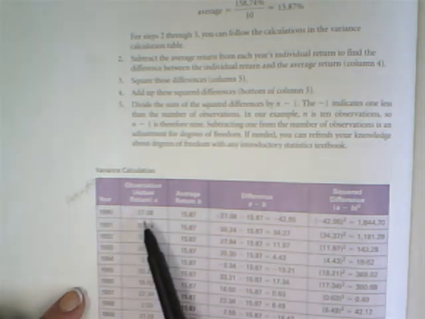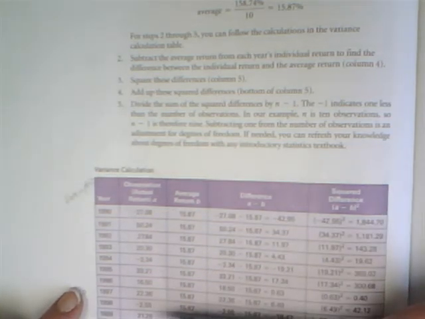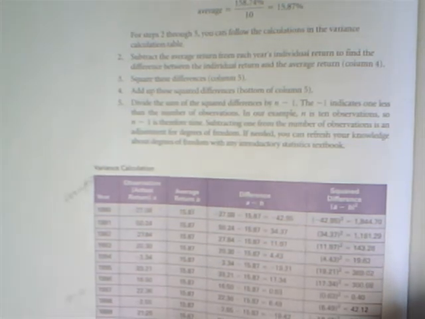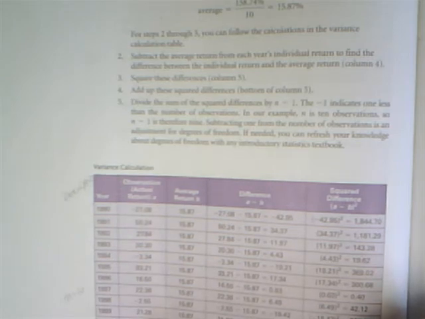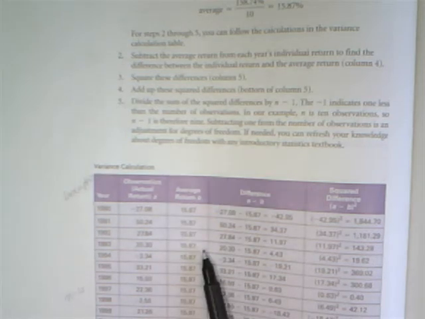The first actually important column is your observation column, and this column lists all the data you'll be working with, and when you list all the data, then you add it together at the bottom and calculate the average. And in this example, the total value of the observations is 158.74, and then the average of that is 15.87.